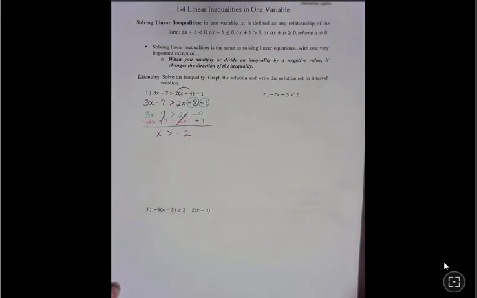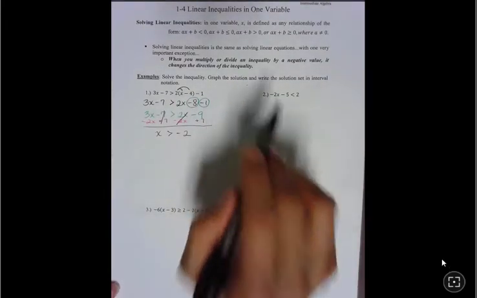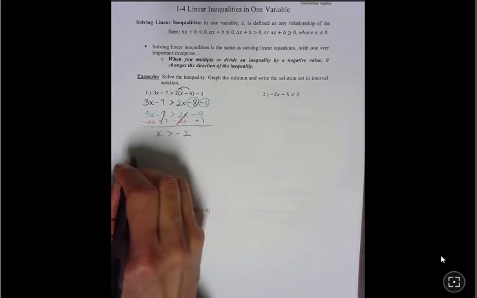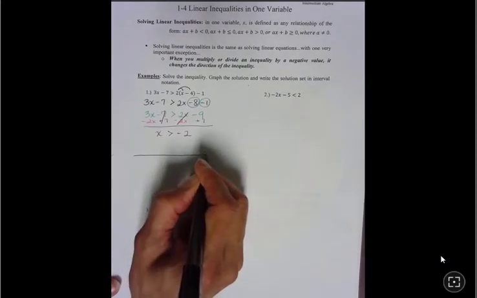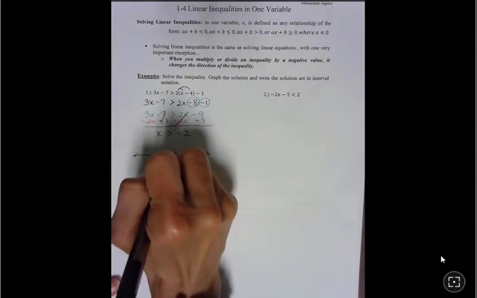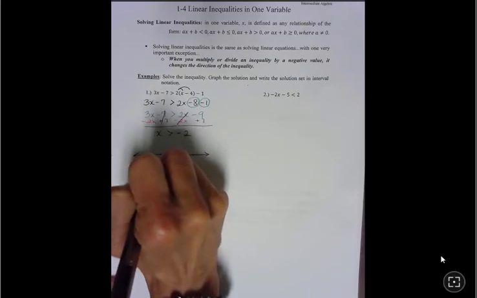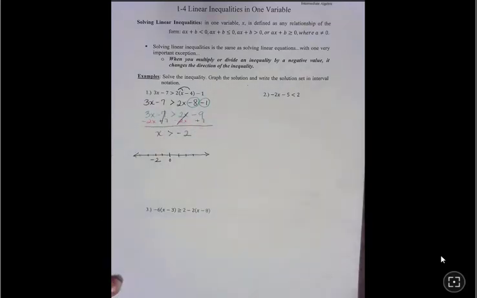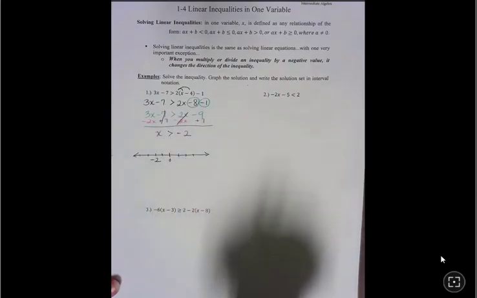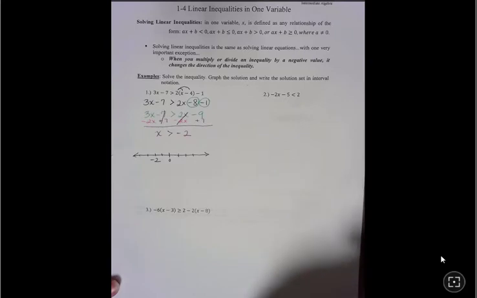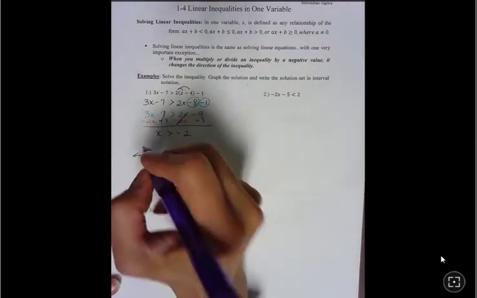Next, we're going to graph our solution. The way that we'd graph our solution is on a number line. And we know that this is a greater than, so we have an open circle or a parenthesis in this particular case at negative 2.